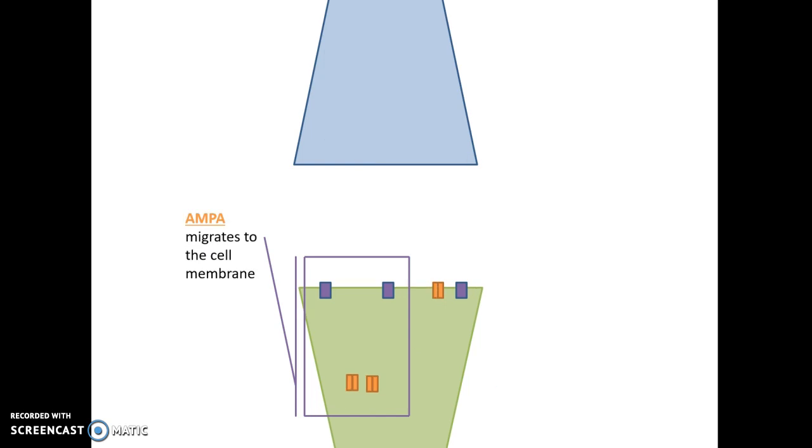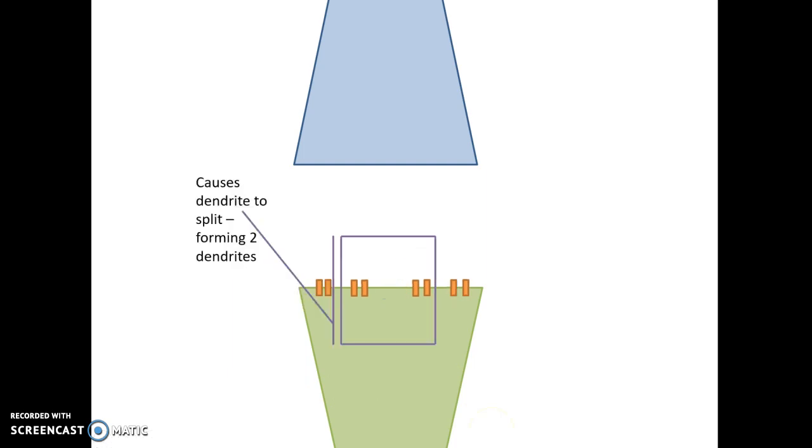We also see from deep within the cell, we're going to have more AMPA migrate towards the membrane of the cell. So not only were the receptors on the cell membrane right here becoming active, but from deep within the cell, we're going to get more AMPA migrating to the surface of the cell membrane, or the surface of the dendrite. And this causes the start of the splitting of the dendrite into two different dendritic formations.